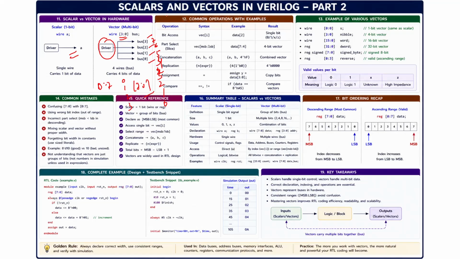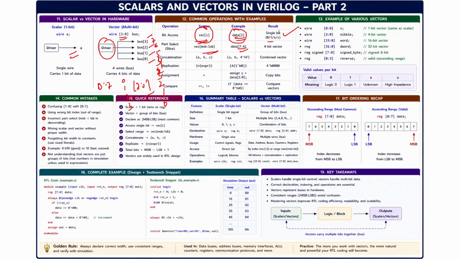Among common operators, we use bit access, whose syntax is vector of I, or data of 2. In this way we represent it, or we can represent a range from MSB to LSB. This one is static and this is dynamic, changing. Static means only a single variable; dynamic means different values, and the result will be stored as 0 or 1.